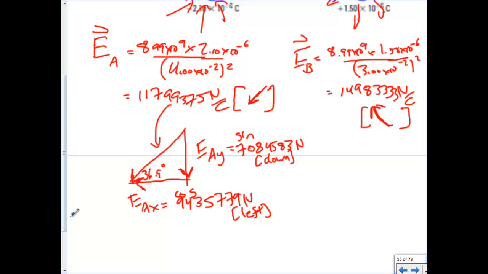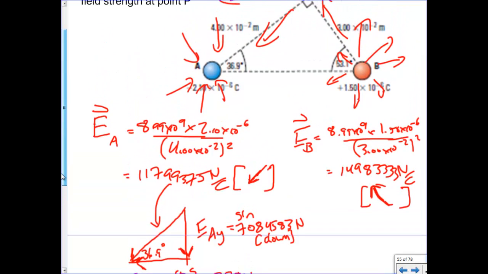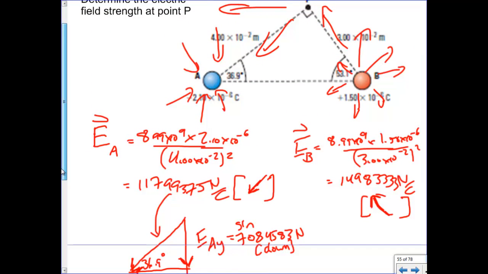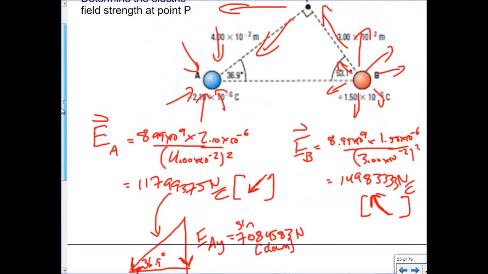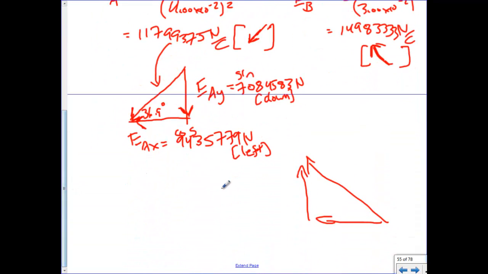Now I've got to do the exact same thing for the other triangle, which is actually getting pulled left but also up. So this guy is going that way, which means part of it's going there, part of it's going there. And the angle, was that 53.1?